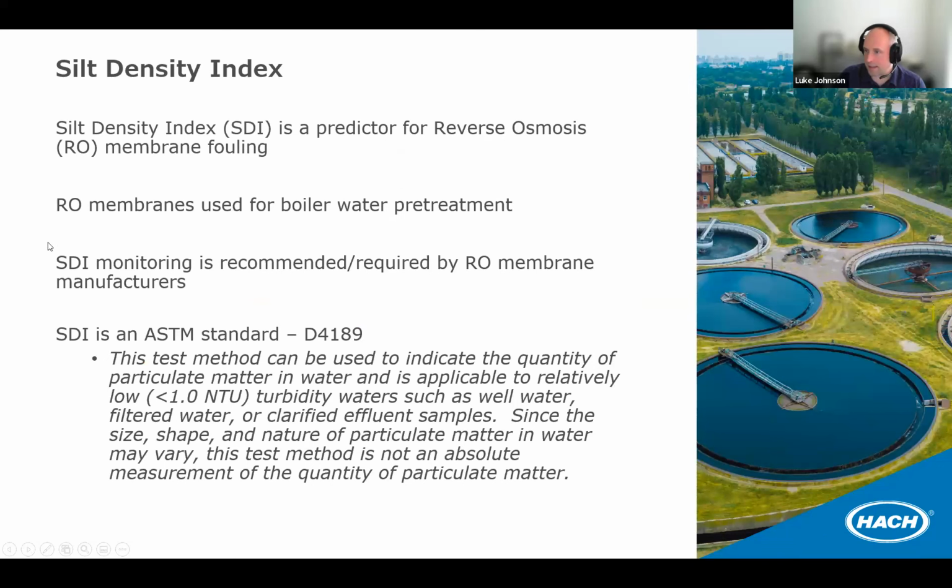Another surrogate test here is silt density index. Silt density index is itself kind of a surrogate test for membrane fouling, for reverse osmosis membranes. There are a number of different fouling mechanisms that can cause an issue with your RO membrane.